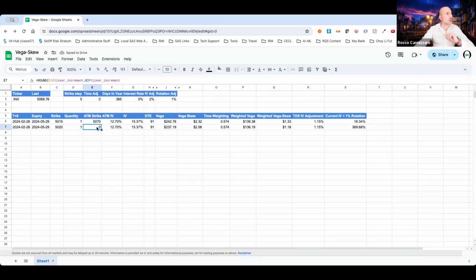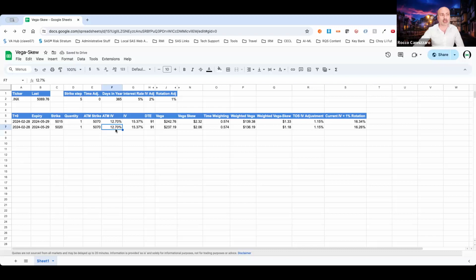Why is this not showing us the value? Well, this would be exactly 70. I'm going to fix the formula here, but essentially this would be the ATM strike.